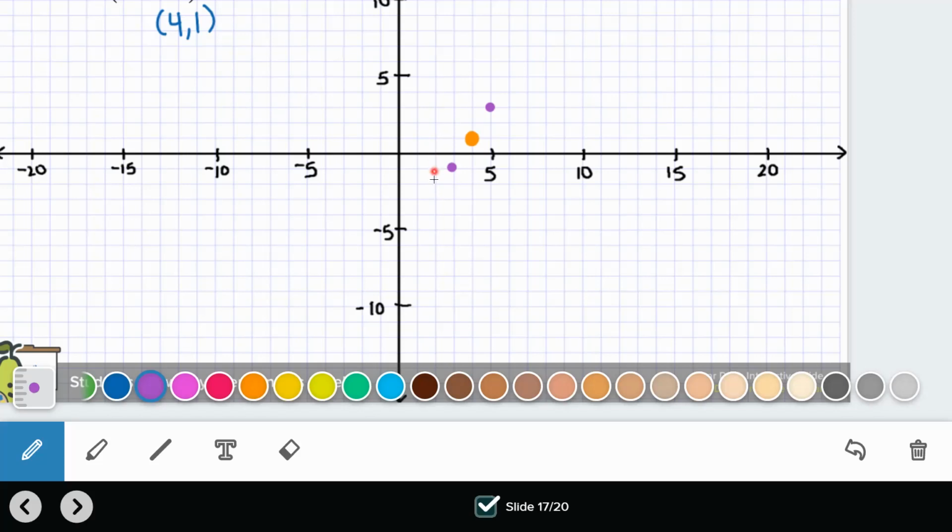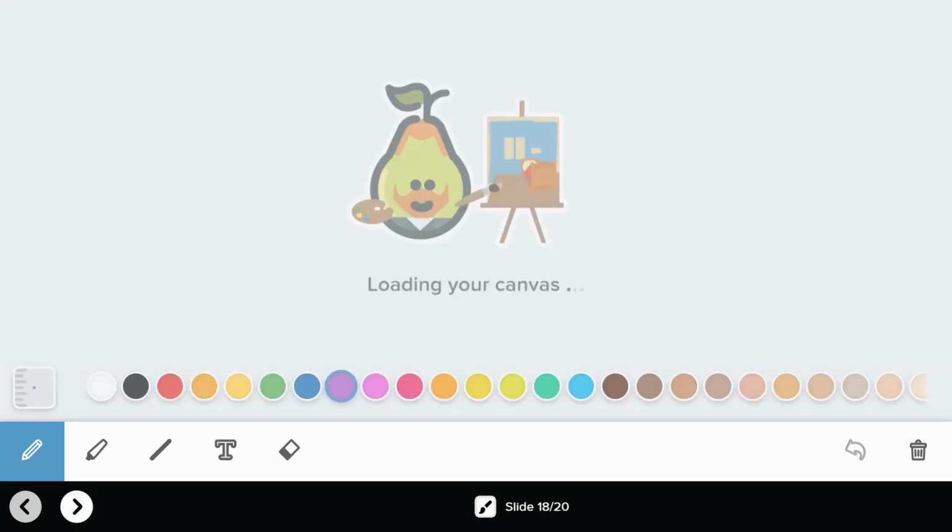So 1, 2, 3, 4, 5, 6, 7, 8, 9, 10, 11, 12, 13, 14. And it looks like it's going to be off. So then I am going to connect this. And remember, it's almost like an open down, and it changes to an open up.